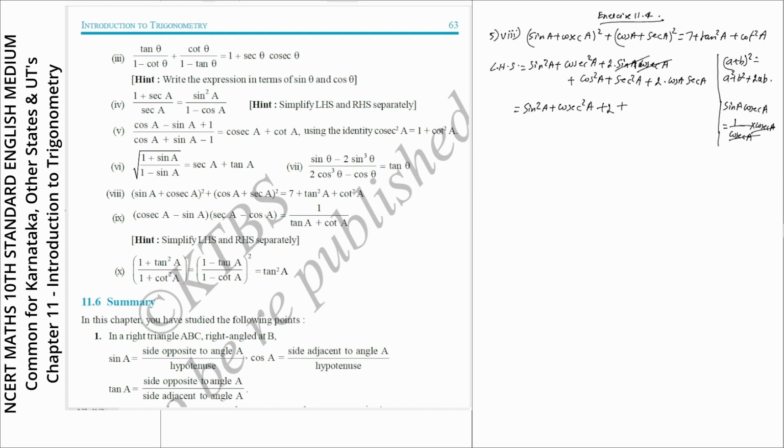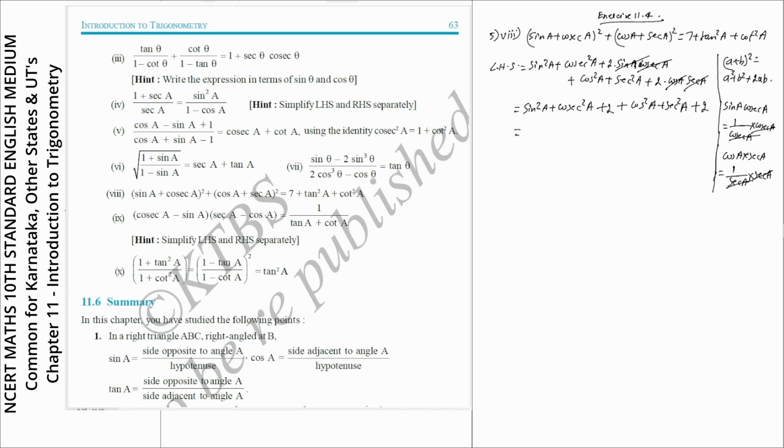So plus cosecant square a plus secant square a. Now here also 2 cos a secant a, the two will get cancelled and only 2 will be remaining, because cos a into secant a is equal to, cos a is 1 by secant a, 1 by secant a into secant a, so these two will get cancelled. So that's why 2 cos a into secant a is only 2.